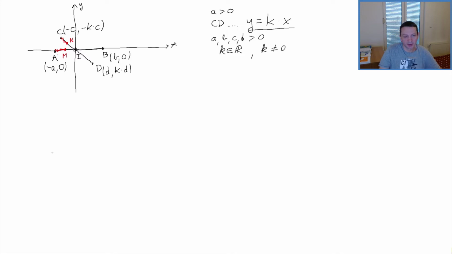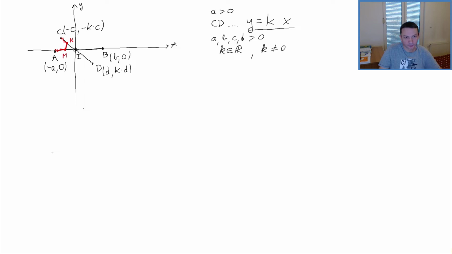So these two red distances should be equal, and we want to minimize this segment MN.